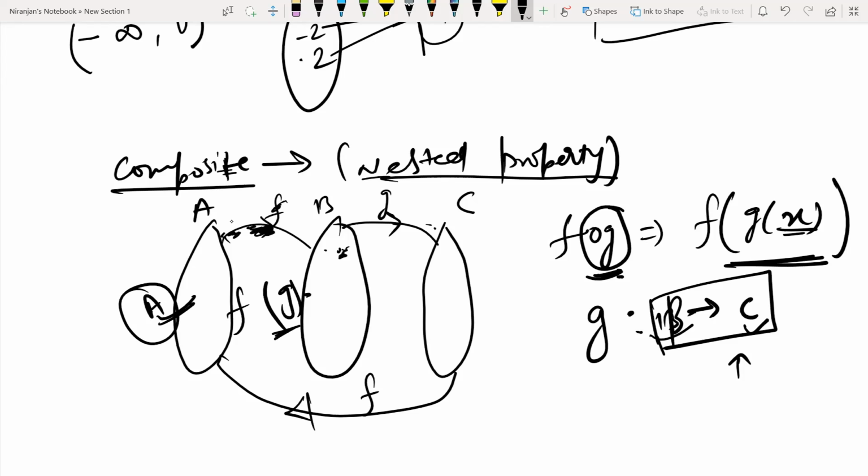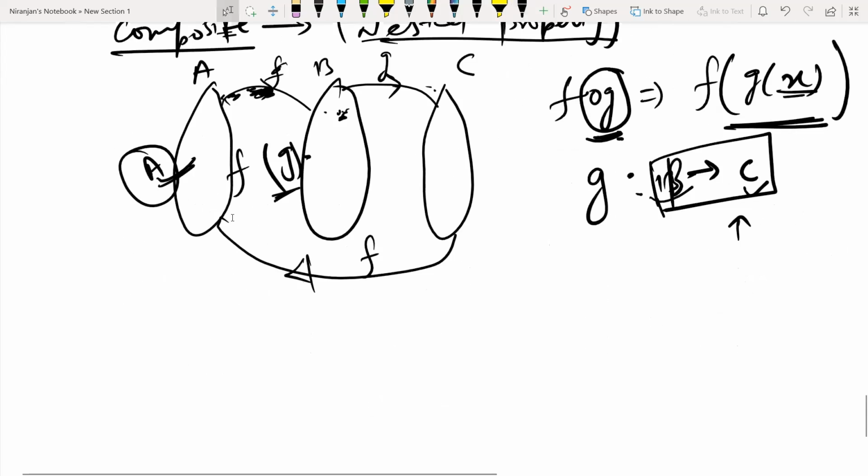The nested property I meant was that if you have a function inside this outer function, then its range is essentially the domain of f. The range of g of x is basically the domain of f. That's what the nested property is in technical terms.